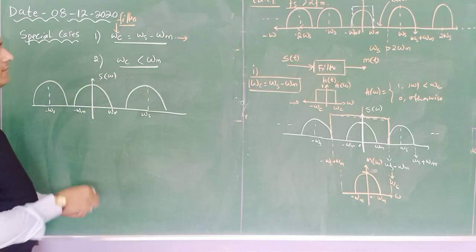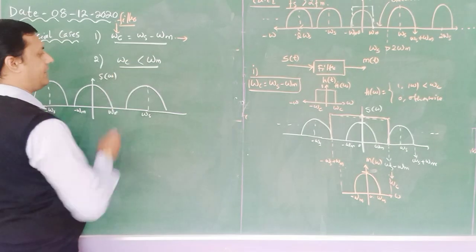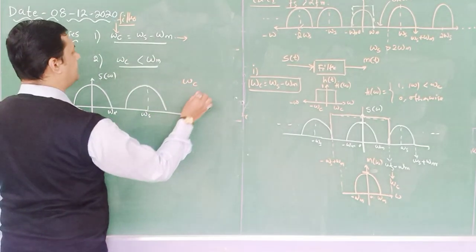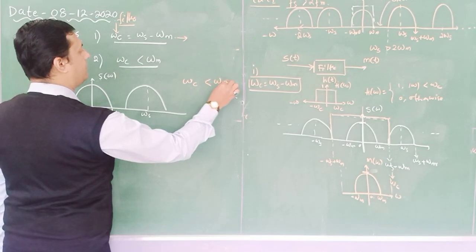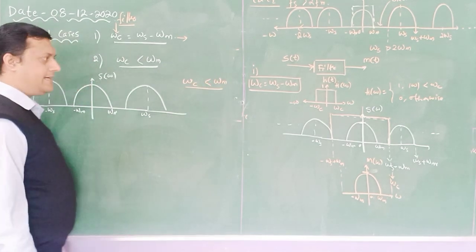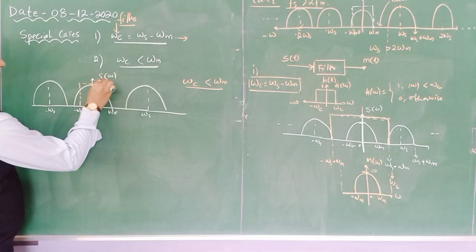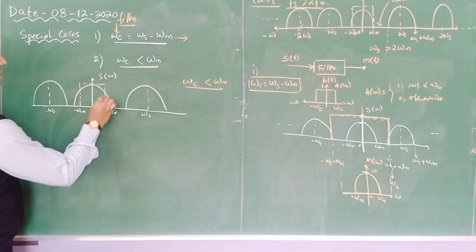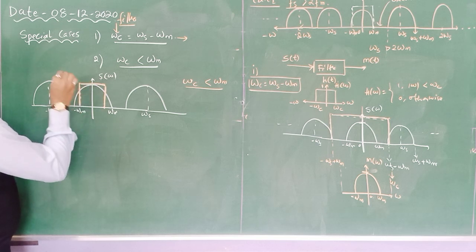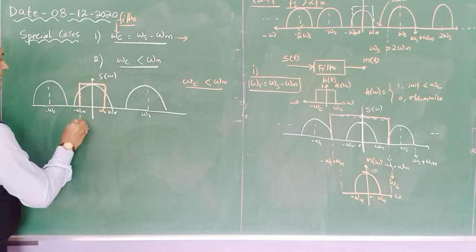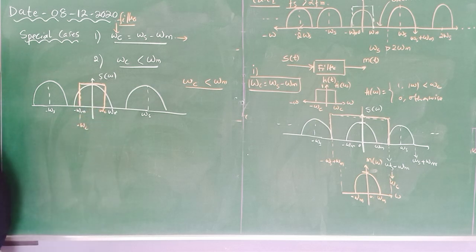Okay. Now here the filter characteristics: omega c is less than omega m. So that means your filter response will look like this. It is less than. So this is our less than. This line indicates this is omega c and this is minus omega c.